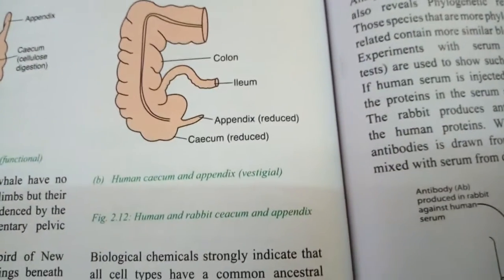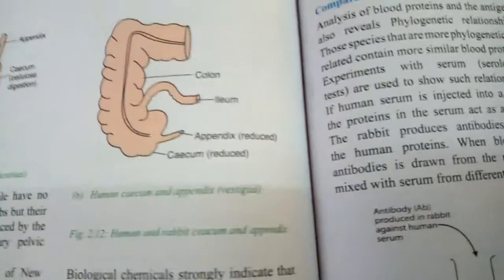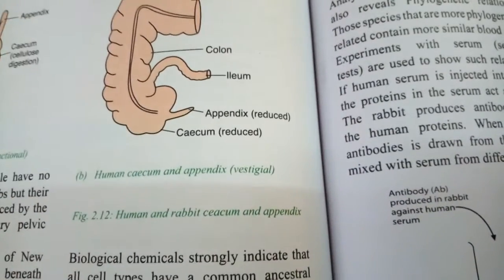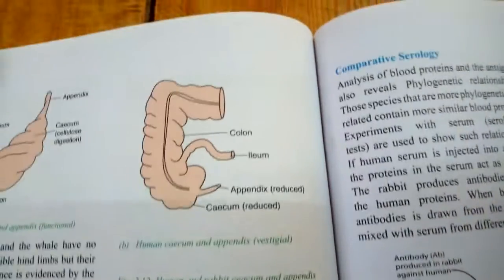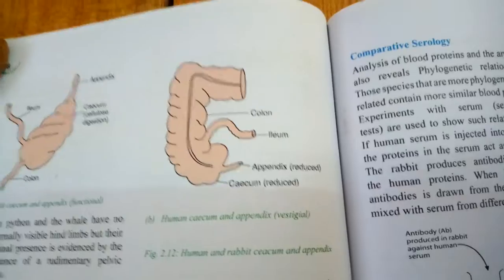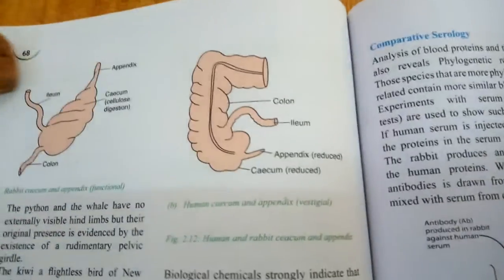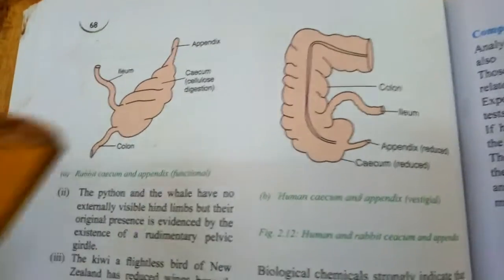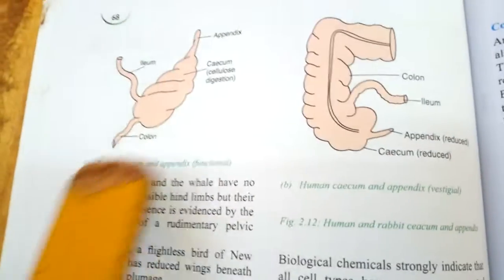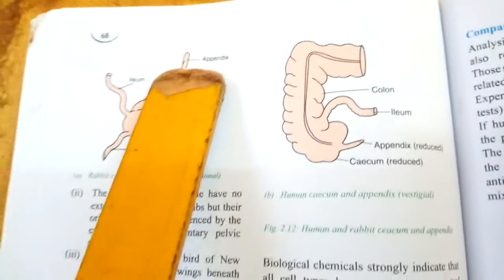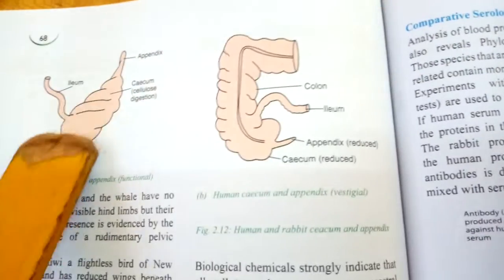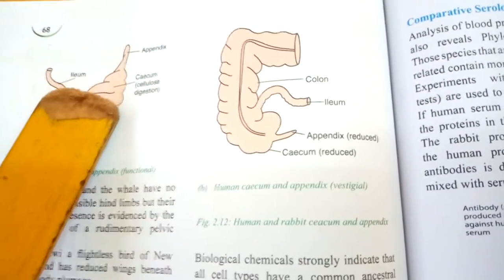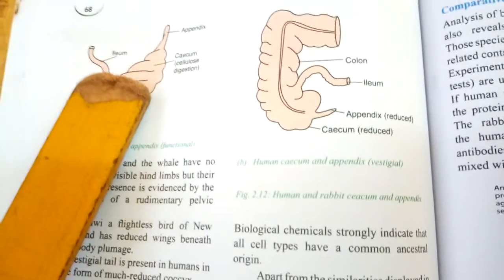We have that human appendix. That is part of the digestive system of the human being. In the digestive system of the human being, we have the appendix and we have the caecum. These two parts have no significant role in human beings.